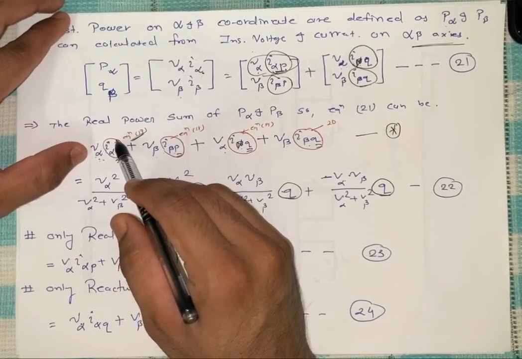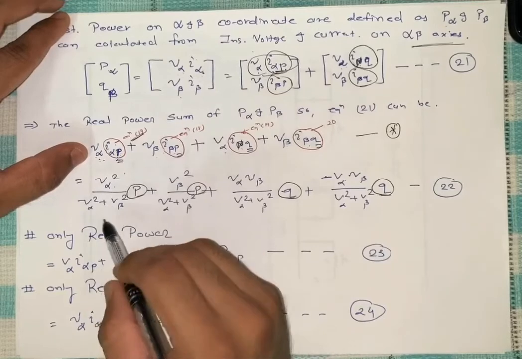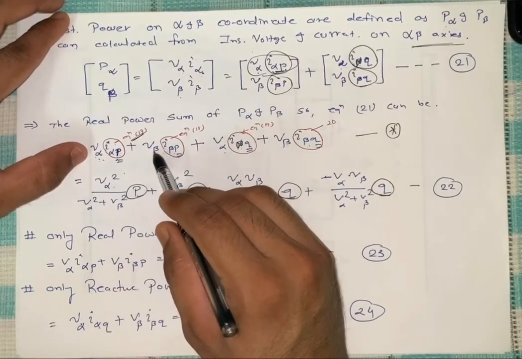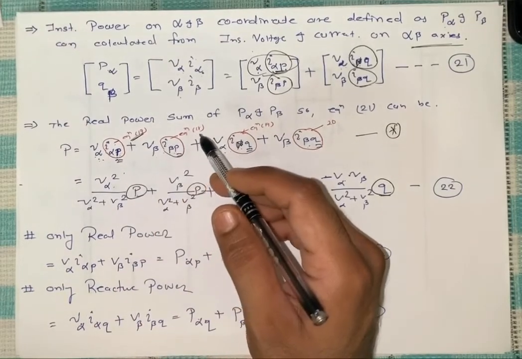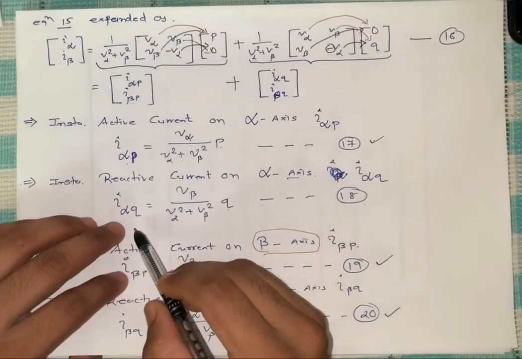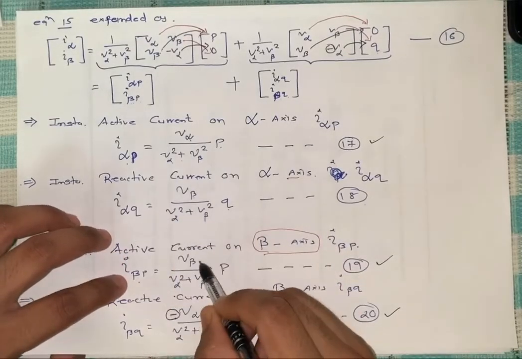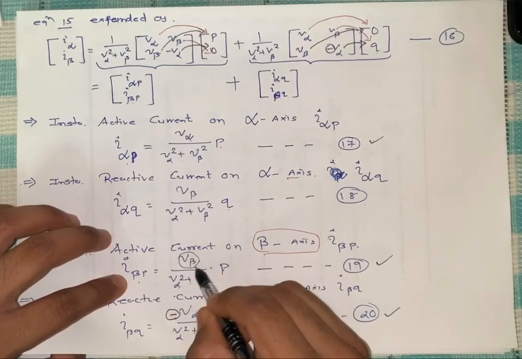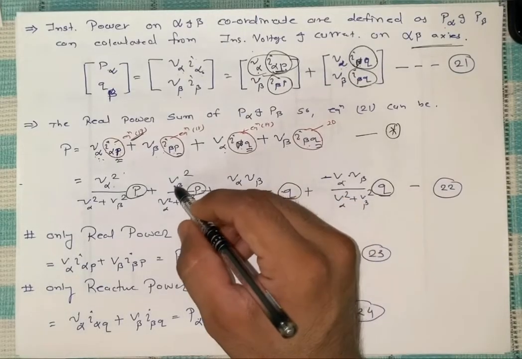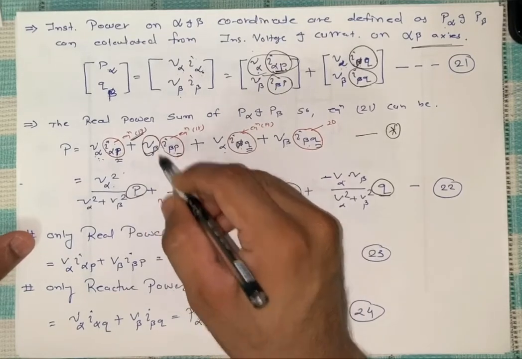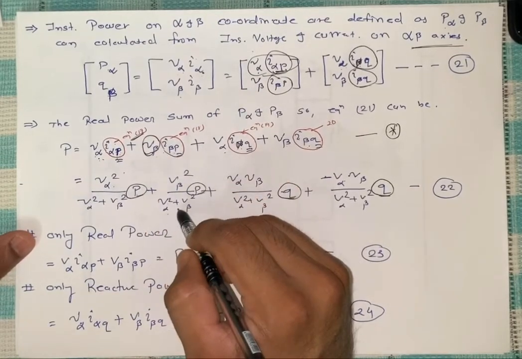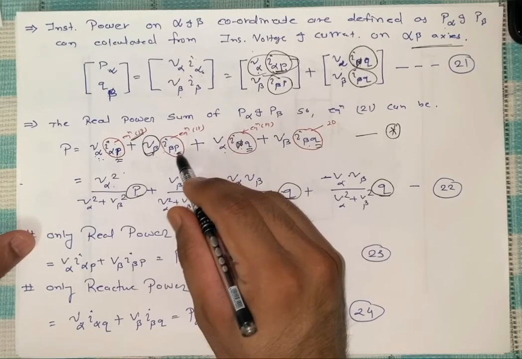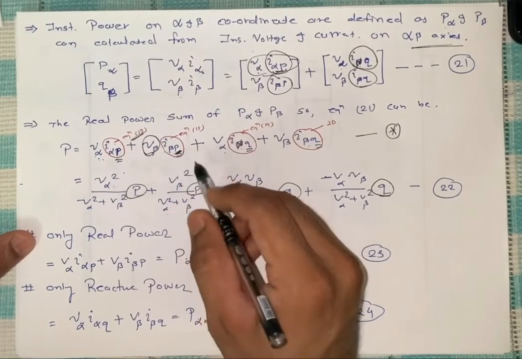So V alpha square, I directly write that into P. Similarly V beta with I beta P, so V beta, V alpha square plus V beta square into P. So V beta and V beta multiply, V beta square, V alpha square plus V beta square into P. You have to keep in mind that that is a P.